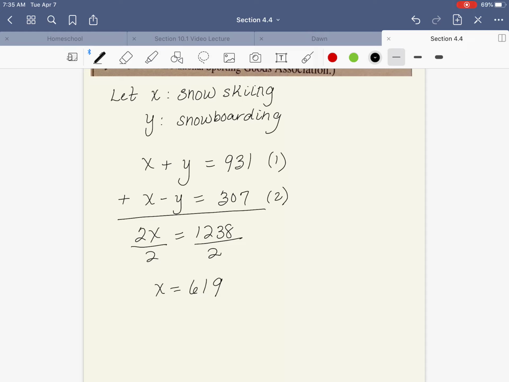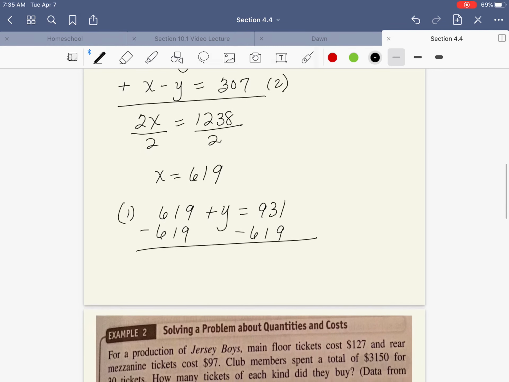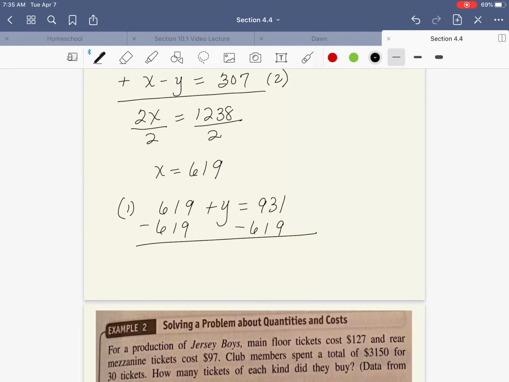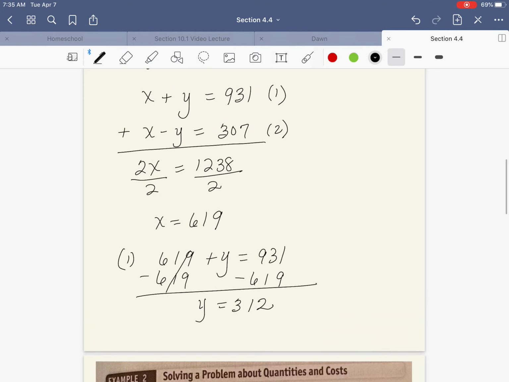So I will plug it into equation 1. So that would be 619 plus y equals 931. And you get 312. So y is equal to 312. So I will go back and state the answer.